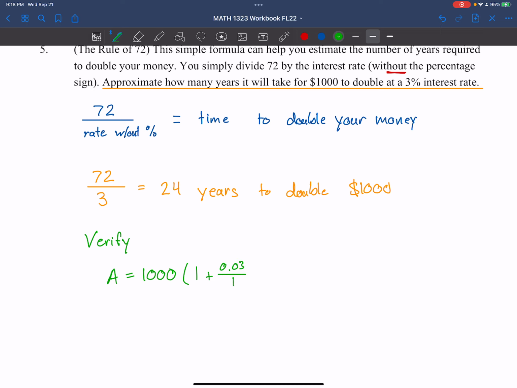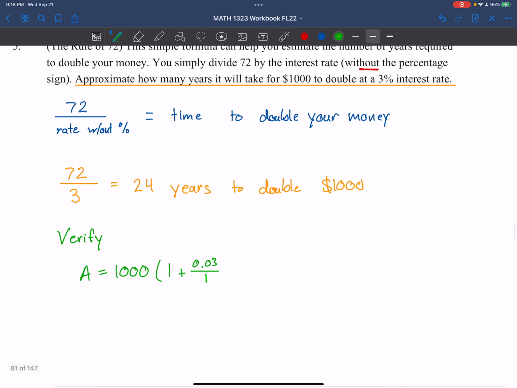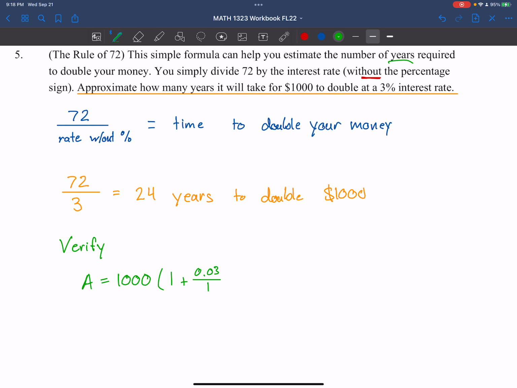It didn't give us any better compounding, so it's just how many years. You raise that to the n times, and the rule of 72 told us 24 years. If you go ahead and type this into a calculator, you're going to get $2,032.79. So you'll do a little better than doubling, but it did take a long time to turn 1,000 into 2,000 at an interest rate of 3%.